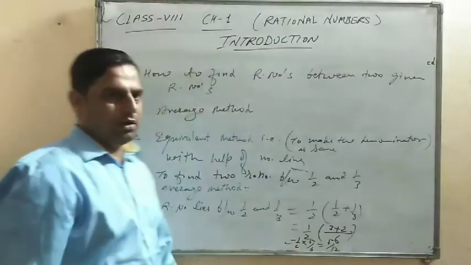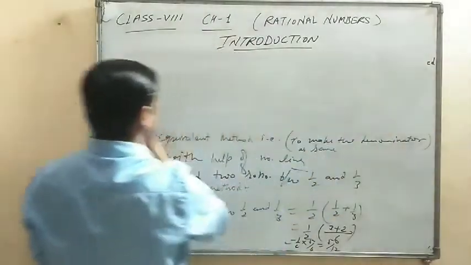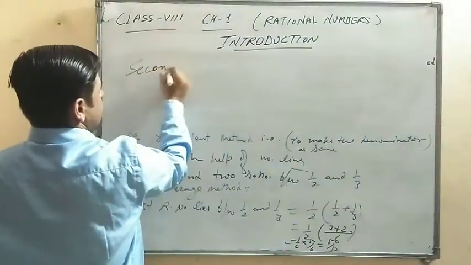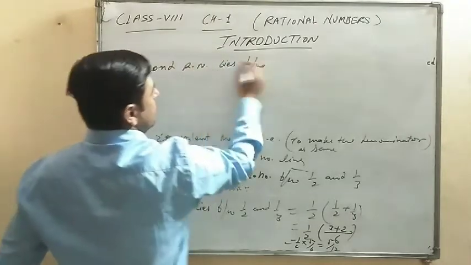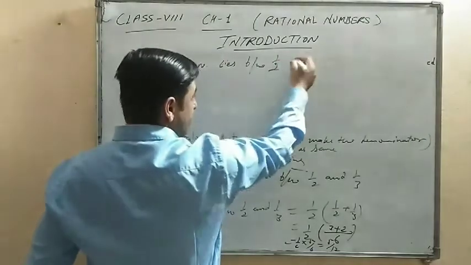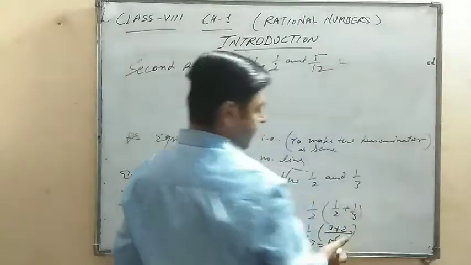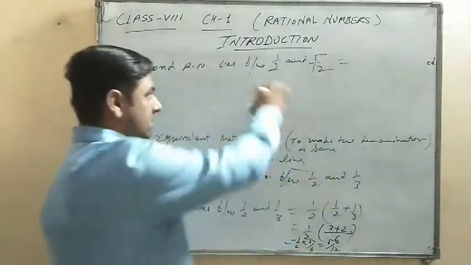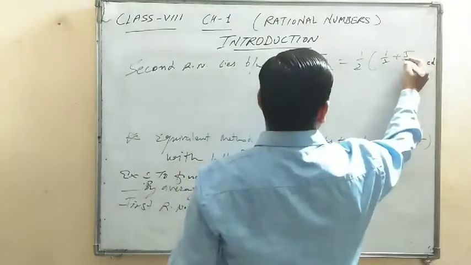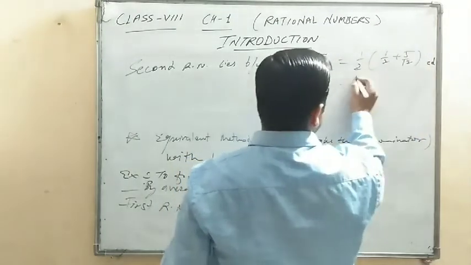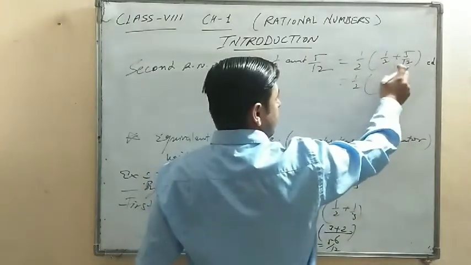First rational number 5/12, and the second rational number lies between 1/2 and 5/12. You have to take any resulting numbers. So 1/2 and 1/2 plus 5/12. So you have to solve inside the brackets.